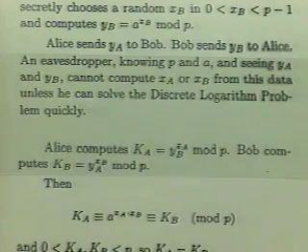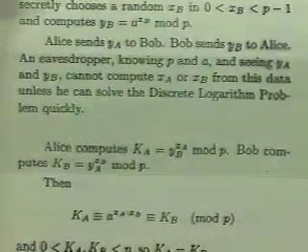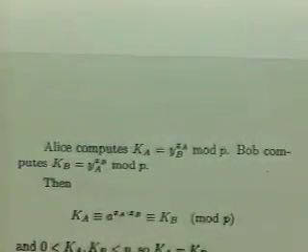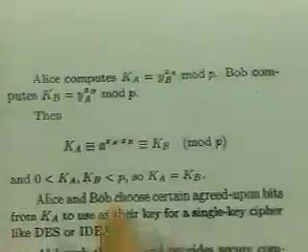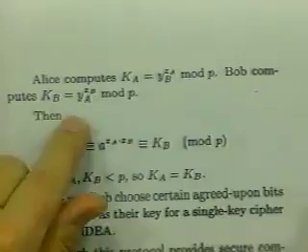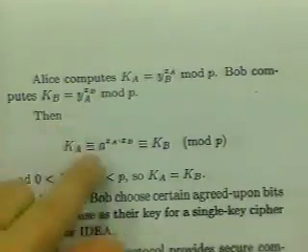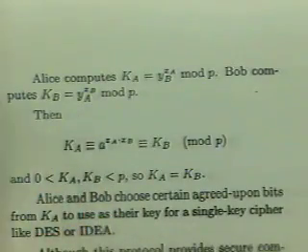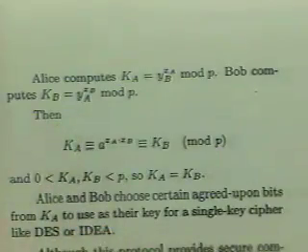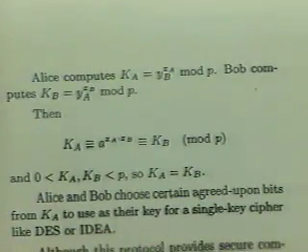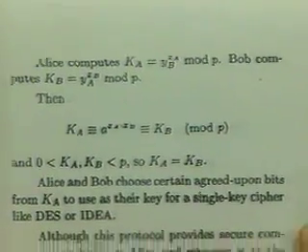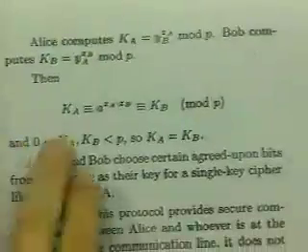So this is the same as A raised to the power X_B times X_A. And likewise, K_B is A raised to the power X_A and raised to the power X_B, which is A raised to the power X_A times X_B.